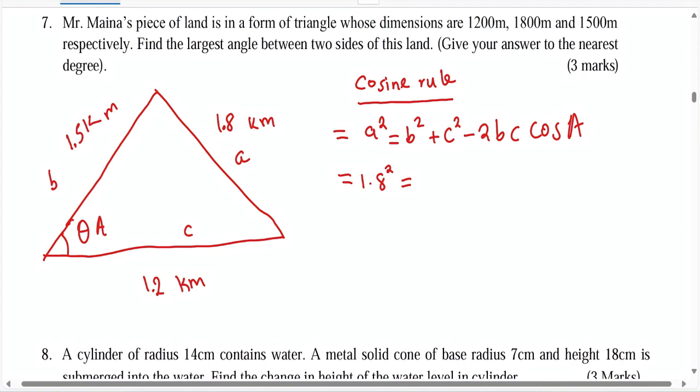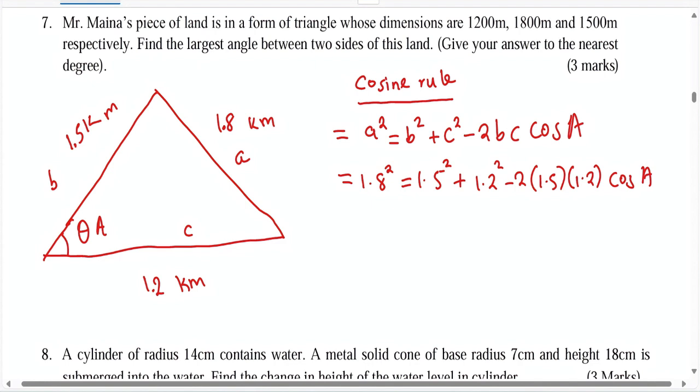B squared yetu waweza chukua any, ukitaka hiyo, ukitaka ile, ni wewe tu. So for now let's choose any. So let me choose 1.5. 1.5 squared plus 1.2 squared minus 2 times 1.5 times 1.2 times cos A.